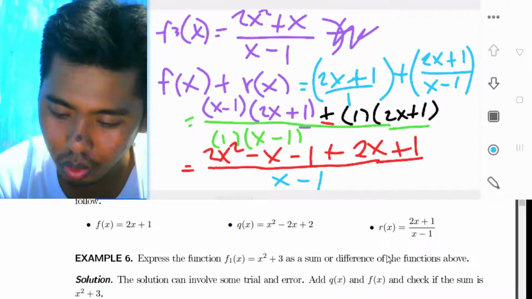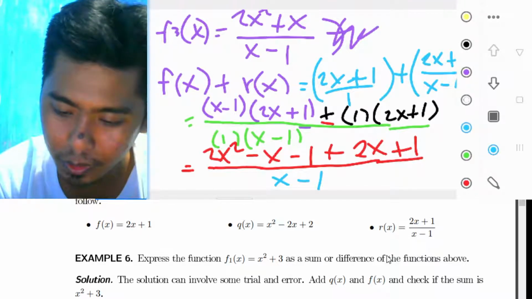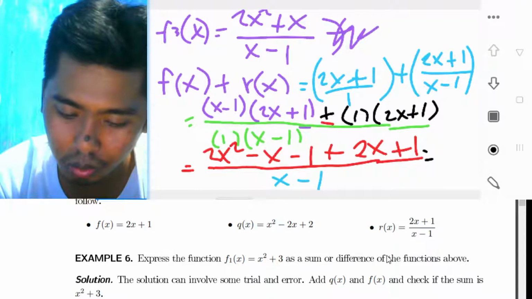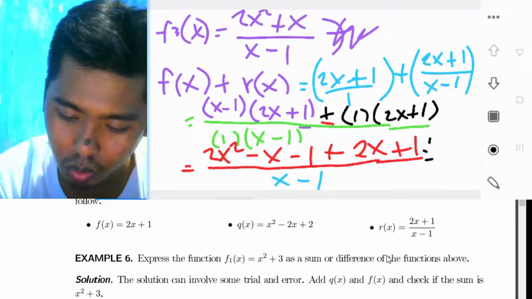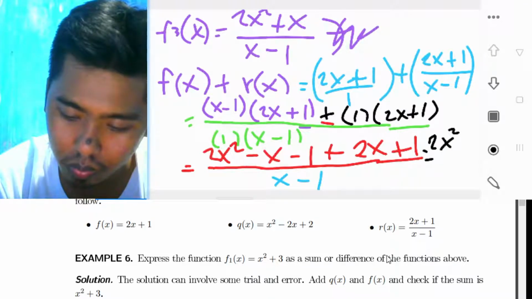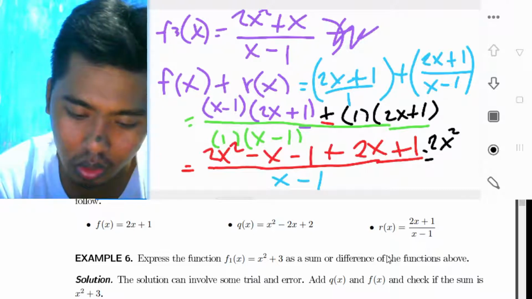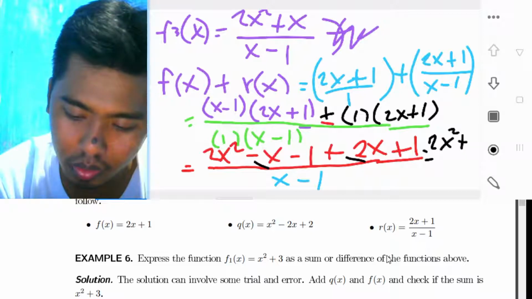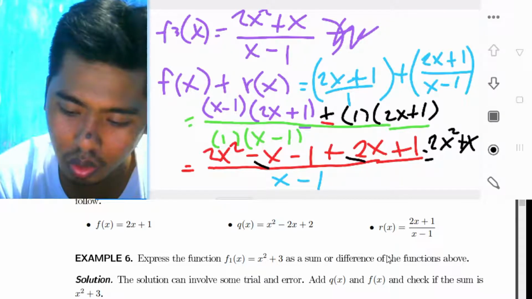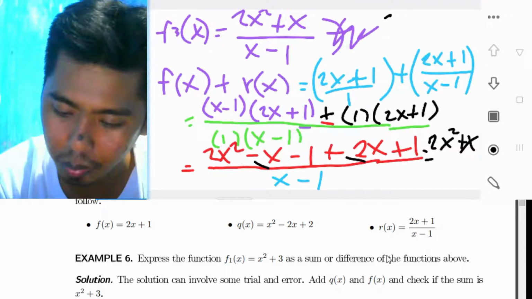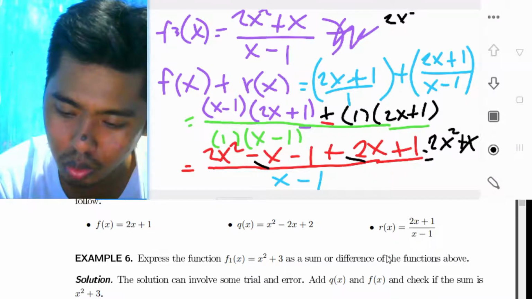So right now we're going to add like terms. So 2x squared, and next we have x and 2x, so this will become positive x. I'm going to rewrite it in the upper part: 2x squared plus x.